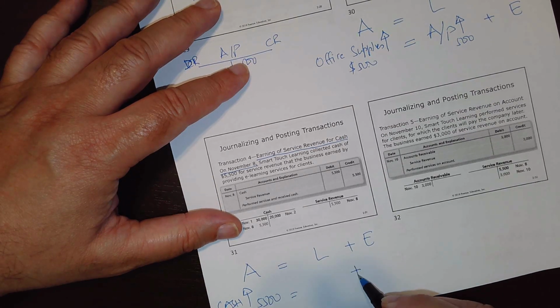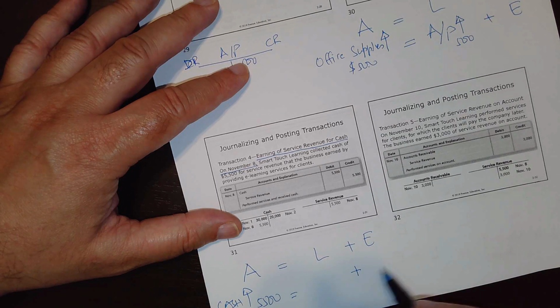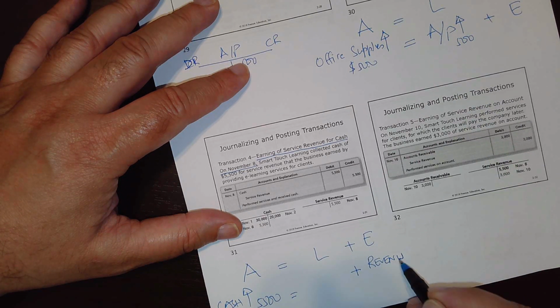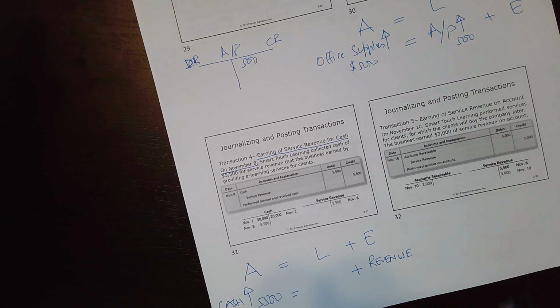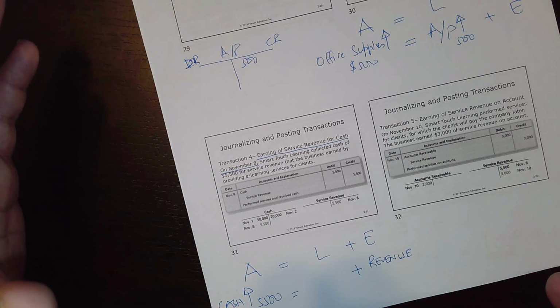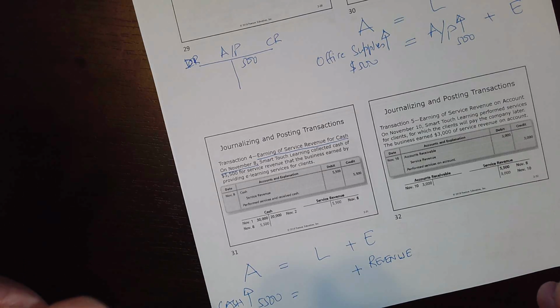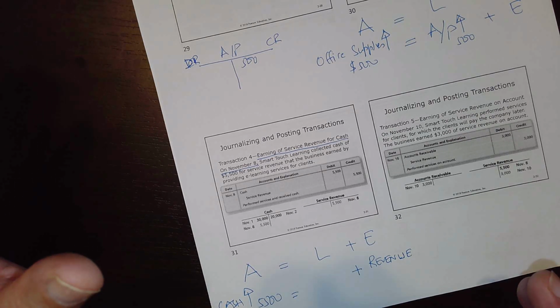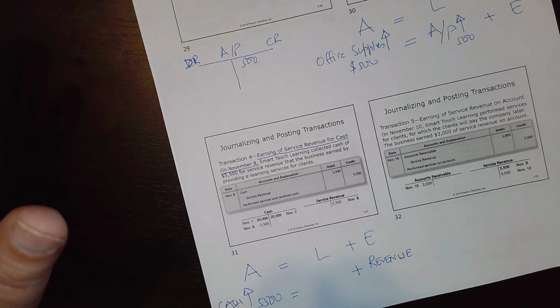So just bear with me. The equity account right now is a revenue. In the book, it's called service revenue. Obviously, the difference between service revenue and sales revenue is simple. When we call it service revenue, you are selling your services. Sales revenue simply means you are selling a tangible product.